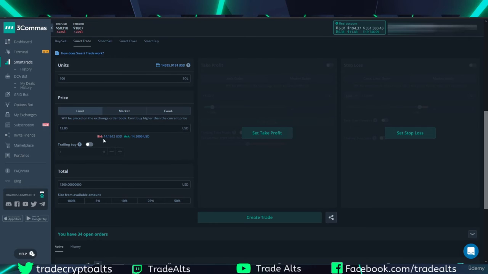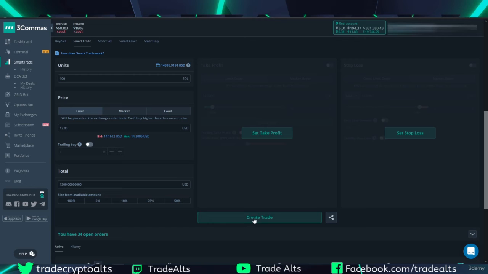And it tells you right here, the bid and the ask. So this is the current price that you could sell at, if you had to market sell, this is the price you would get essentially. Or if you wanted to market buy, this is the price you would have to pay. So you can see 100 Solana at $13 is $1,300. So that's how that works out.